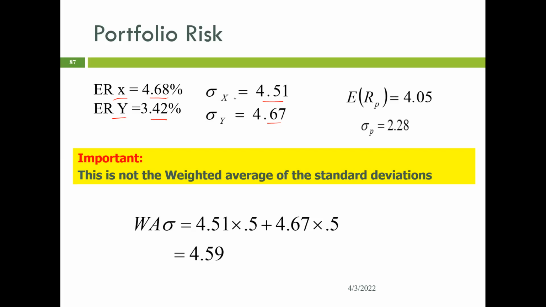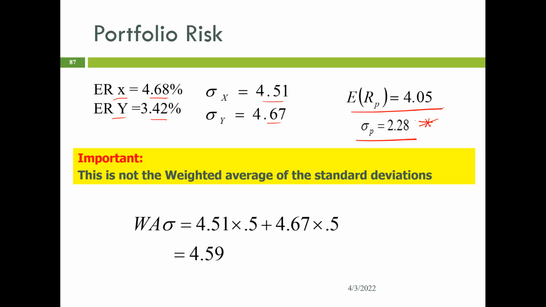Right? So once you construct the portfolio, your portfolio expected return is 4.05 and your portfolio risk is 2.28. Now you want to check whether you have received a diversification effect, because our ultimate aim of constructing a portfolio is to diversify the risk.